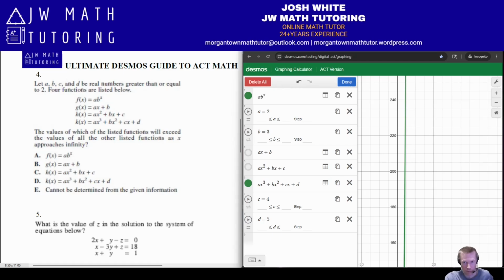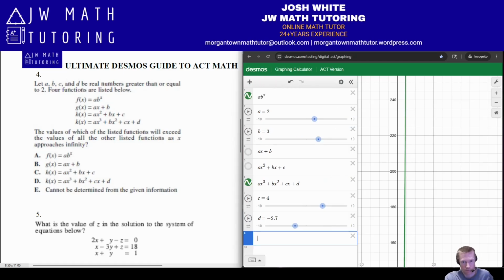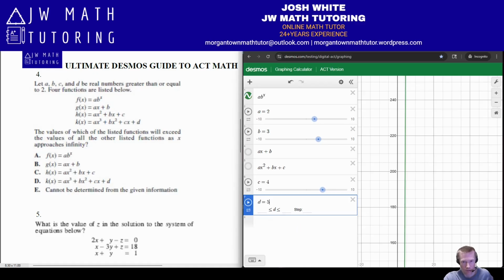Nope, it's giving me the same color. There we go, finally. You're supposed to be able to long click on it and bring up the menu to change the color, but for some reason it's not doing that.